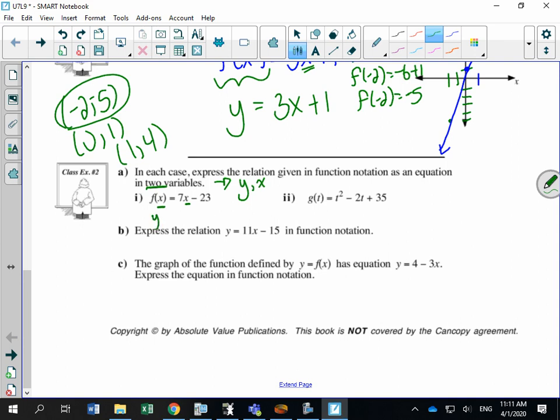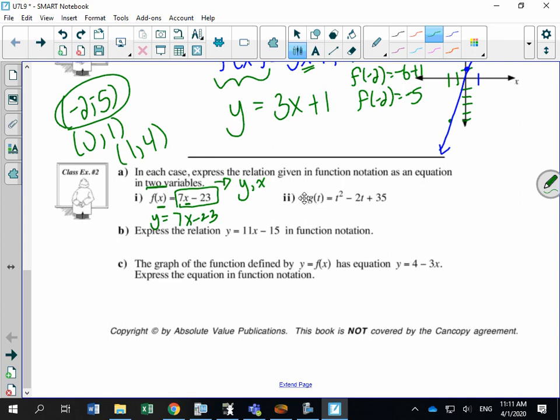F of x is the same thing as y, and then I just write exactly what I have on the right-hand side: 7x minus 23. So that's my xy notation in 2 variables. This is function notation, so they just said, it's already written in function notation, write it in xy notation.